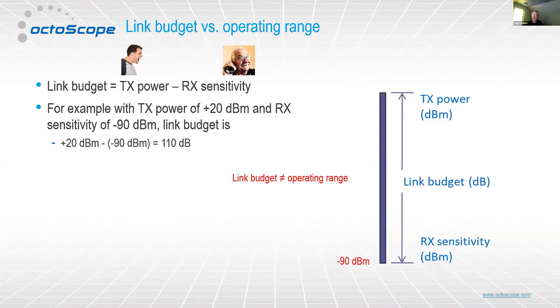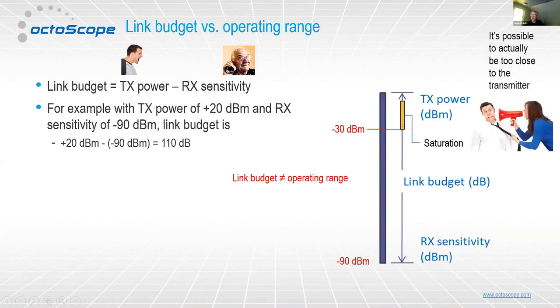Now, one important thing to know is that the link budget itself is not exactly the same as the operating range. The reason for that is that there's a portion of this link budget right near the transmit power that's referred to as the saturation region. The saturation region reflects the idea that it's actually possible to be too close to the transmitter.